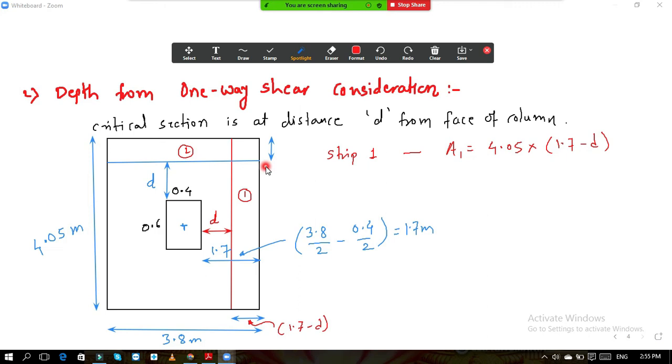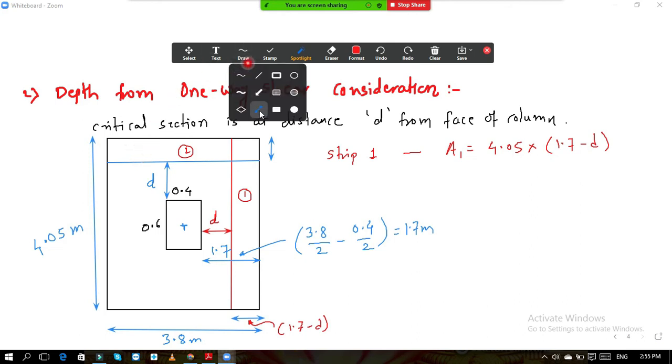So what is the distance now? It is 4.05 divided by 2 minus 0.6 by 2. So it is 1.725.